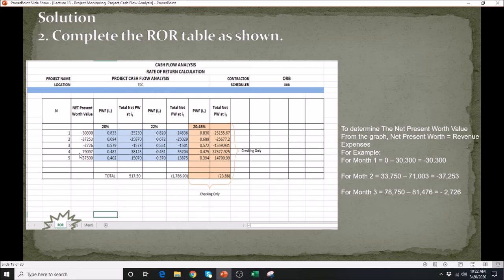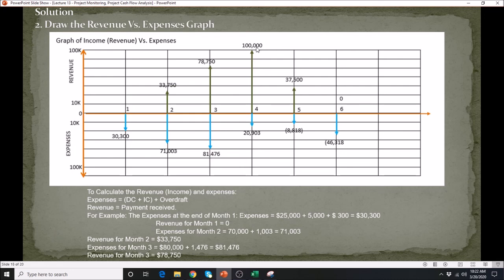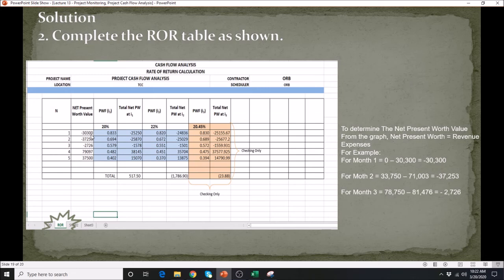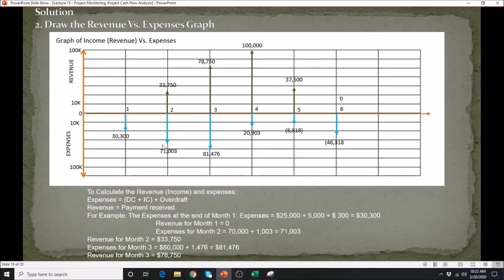But you will notice that once you get into the fourth month, it is 100,000 minus 70,000, that is the value that you have here. So it's positive. Once you get to the fifth month, it's only 37,500 because we don't have any expenses.